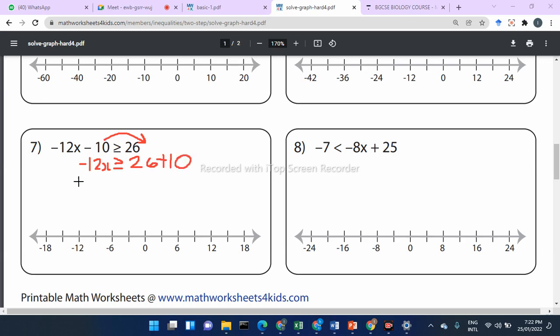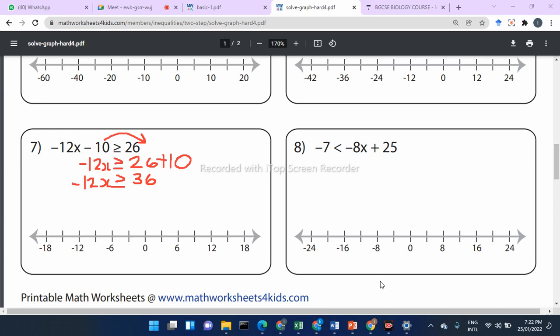So negative 12x is going to be greater than or equal to, what is 26 plus 10? 36. Yes, 36.